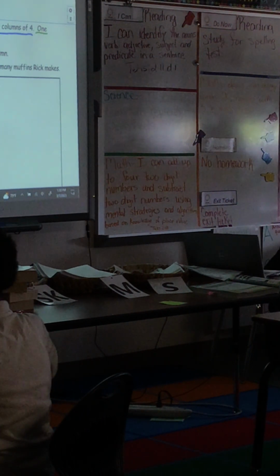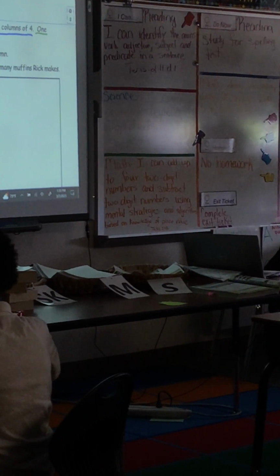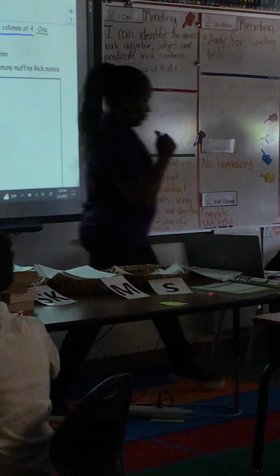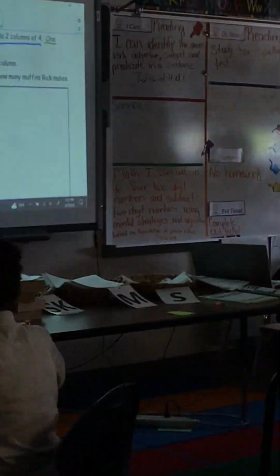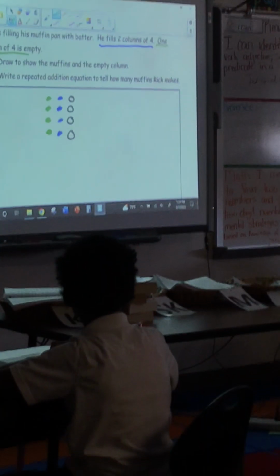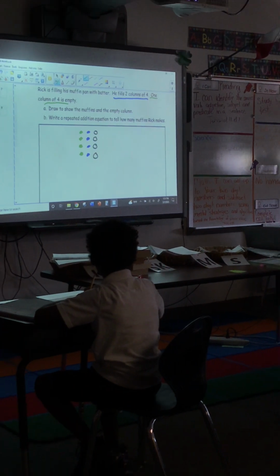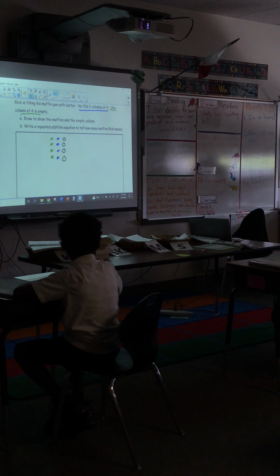So that's my 2 that's filled, right? And then the third column is what? Empty. So I'm just going to leave those open. Everybody follow me? You should be copying. We have 2 columns that are filled, and in each column we have 4, yes?